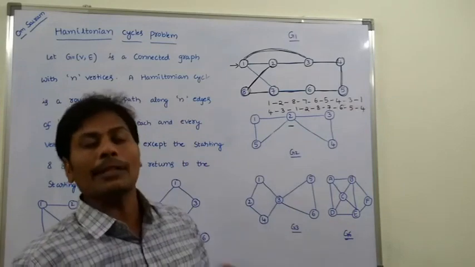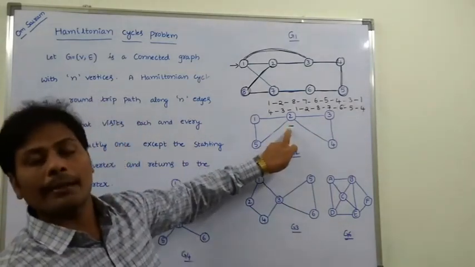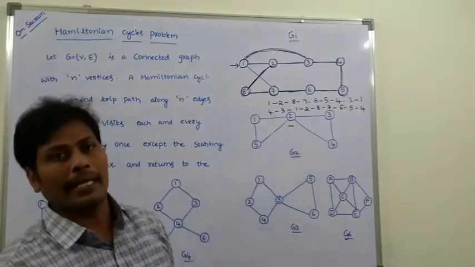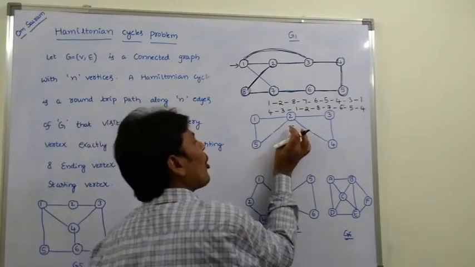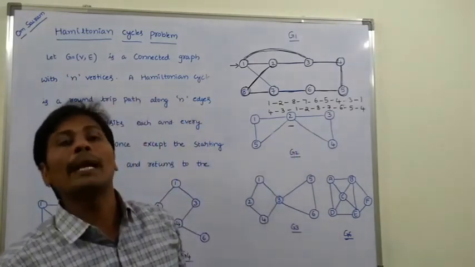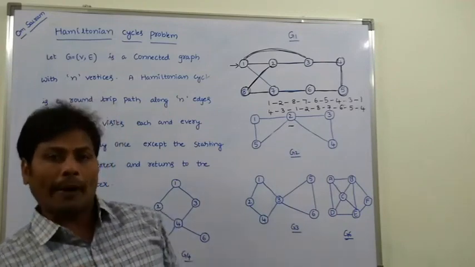If any graph contains such a junction point, then that graph does not contain a Hamiltonian cycle. This junction vertex is also called an articulation point.